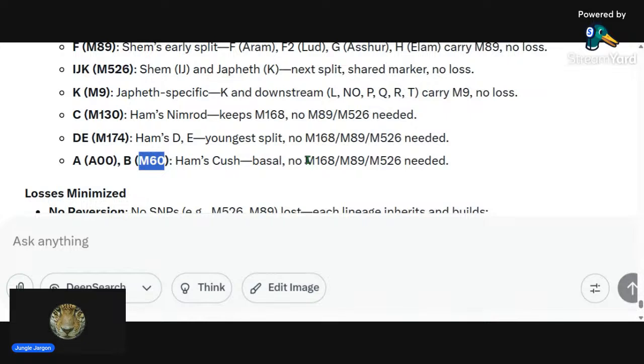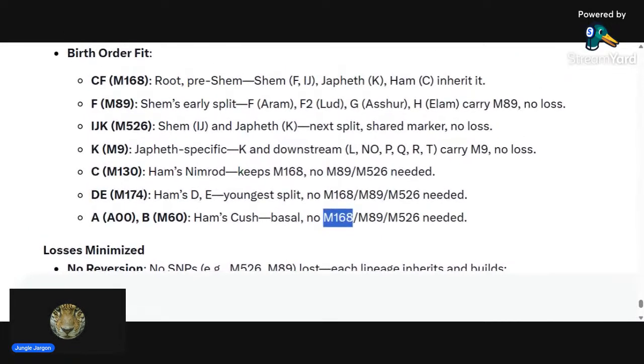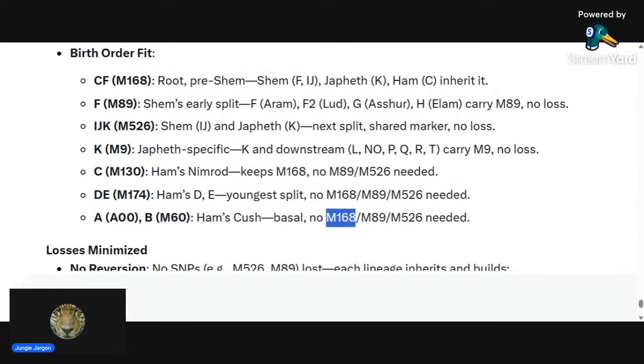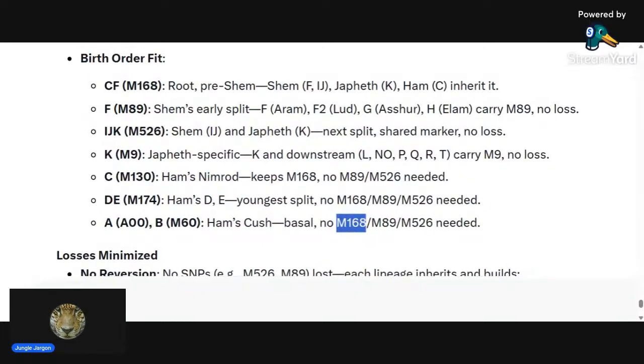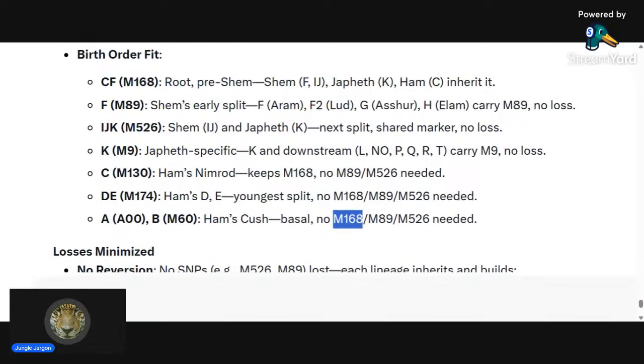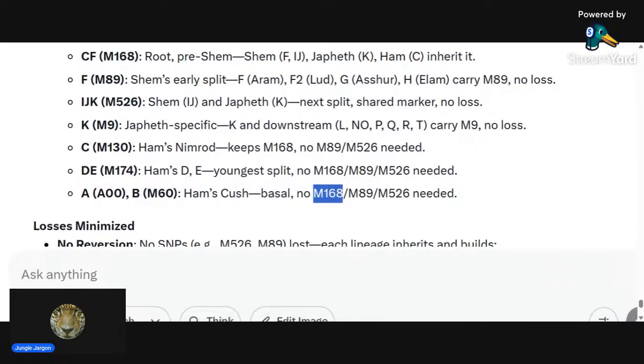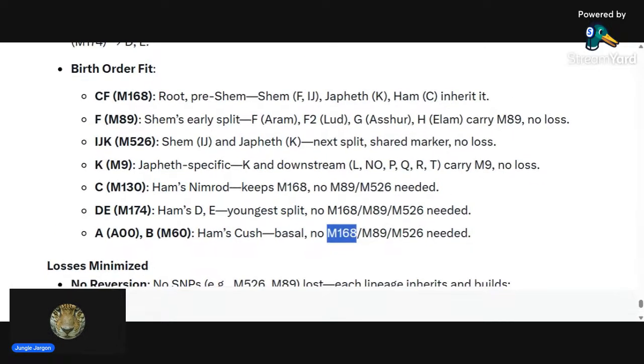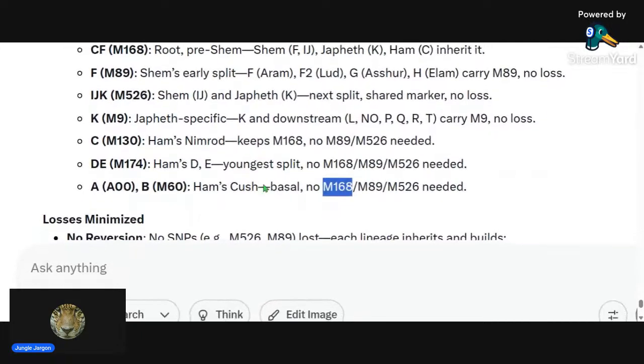Of course, it's not going to have the 168 of the CF marker. It's not going to have the M89 of the F marker, and it's not going to have the IJK marker, because all these are locked.